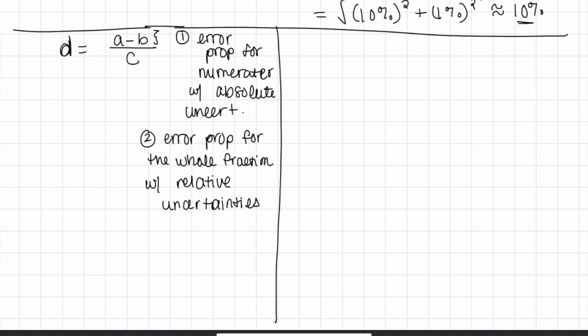Now, on the other hand, if we have D equals A over B plus C, we need to do that division first. So we do error propagation for that fraction with our relative uncertainties first.